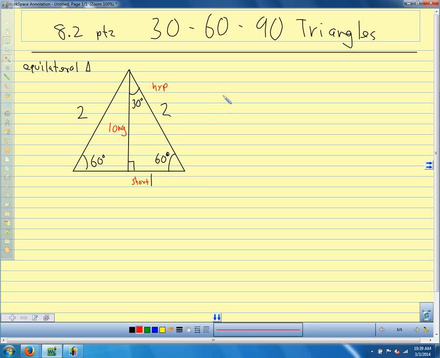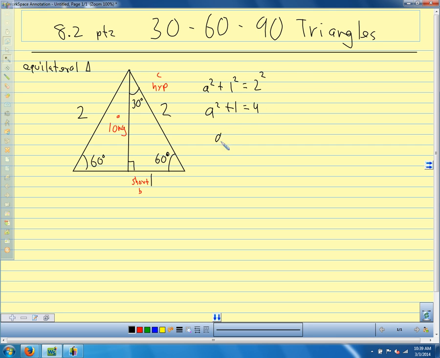Well, let's find the long side. So we're going to use our Pythagorean theorem. So I get the long side, let's call this side A and this side B for our Pythagorean theorem. And this would be C. So A squared plus 1 squared equals 2 squared. So A squared plus 1 equals 4.